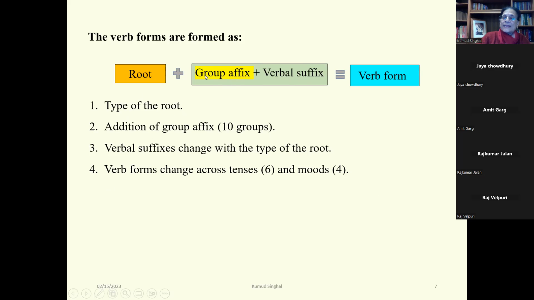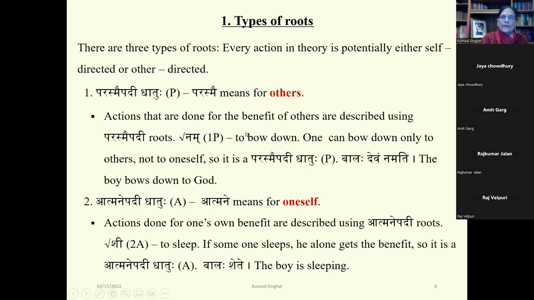And depending on that, each group has a group affix, so we add that to the root. And then the verbal suffix. This depends on whether the root is a parasmaipadi root or an atmanepadi root. And then the verb form changes across 6 tenses and 4 moods. So these are the 4 items which are used in forming a verb form. So we are going to talk about each of them.